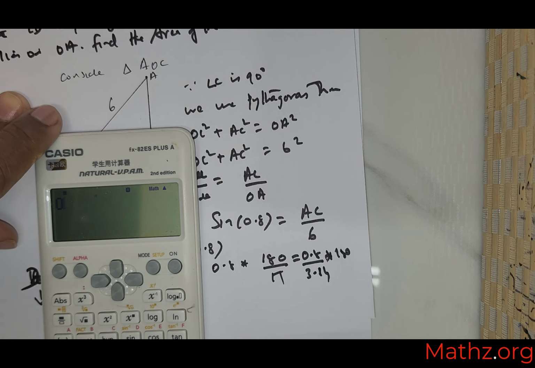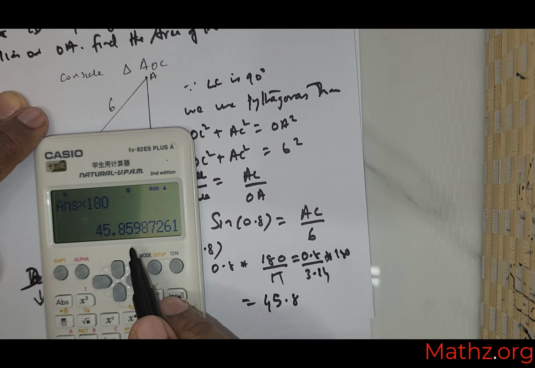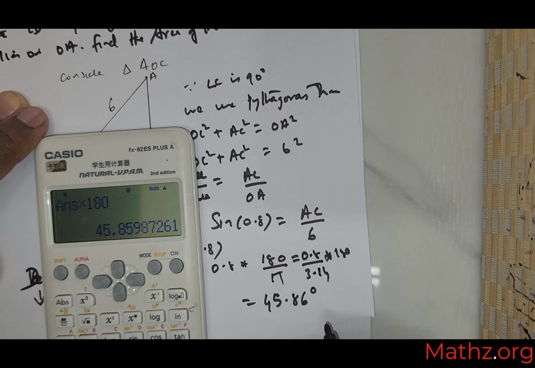So 0.8 divided by 3.14, that gives me this measure, and then to this I multiply 180, and that would give me approximately 45.86 degrees.